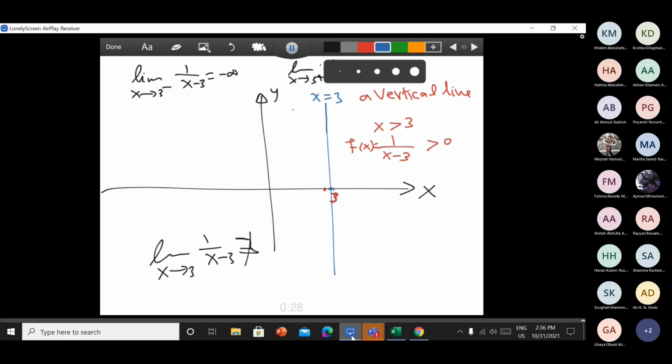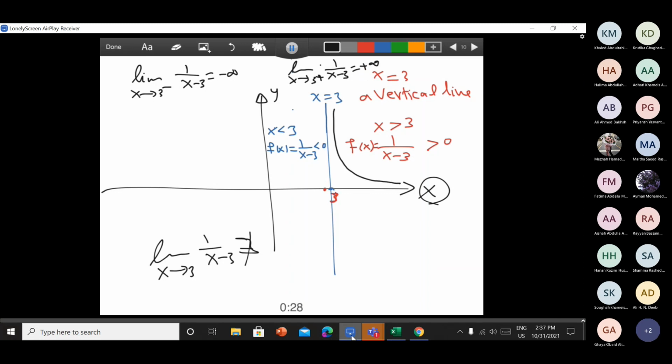If I come to the left of this one, x less than 3, my function will be less than 0, right? So how can I graph it? Your function is positive, it means you have to graph it above the x-axis, so your function will be like that. To the left side it is negative, so you have to graph it below the x-axis. Okay.